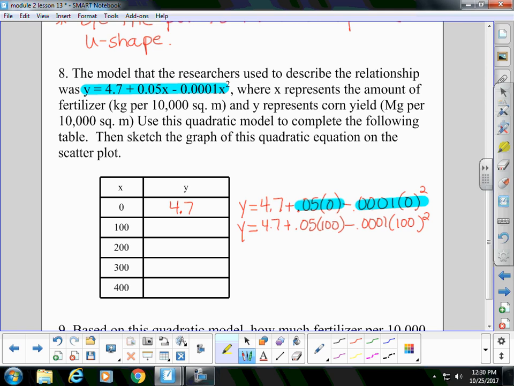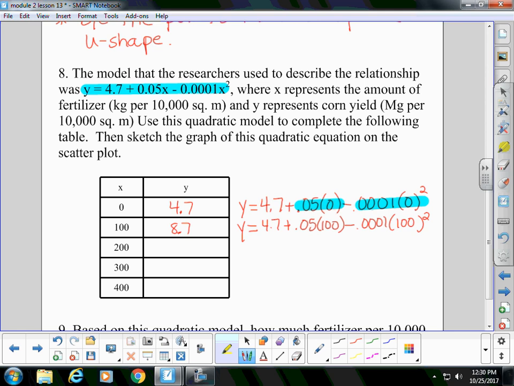I got 8.7. Now, technically, these numbers are in 10,000 square meters, so that's really 8.7 times 10,000. So y represents milligrams per 10,000 square meters.